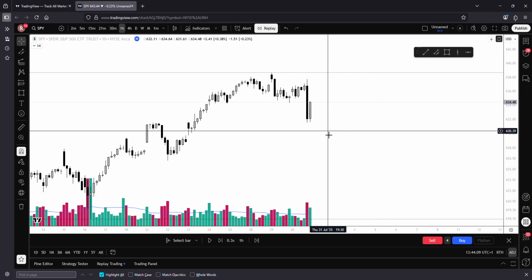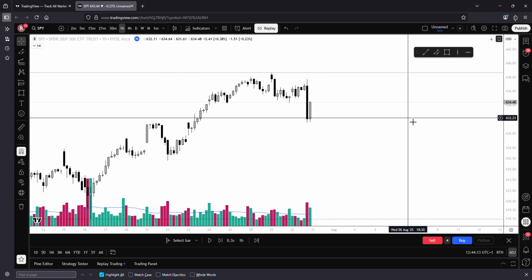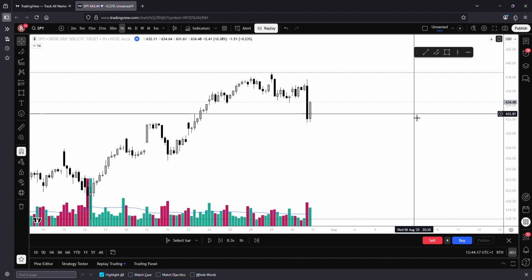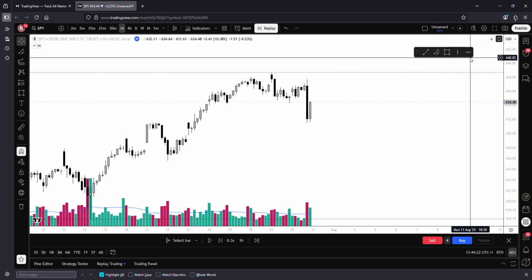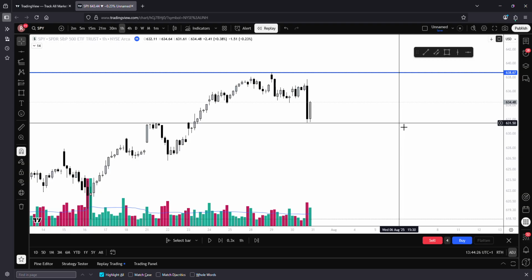So first of all, starting on the hourly time frame, we're going to mark off just some basic support resistance levels, levels that we think will be important as the session goes on. So what we're looking at here, we're looking at all-time highs, and we're going to mark those off.